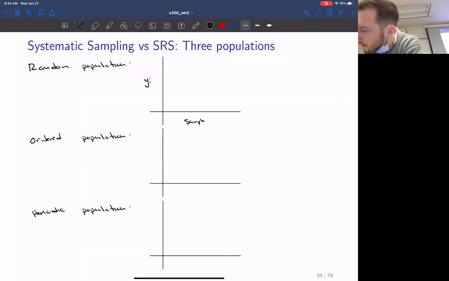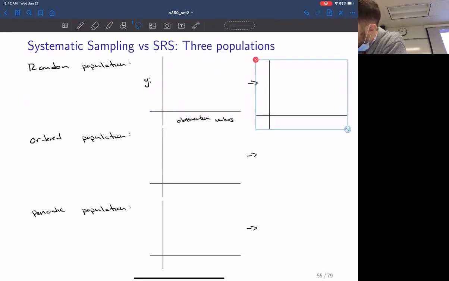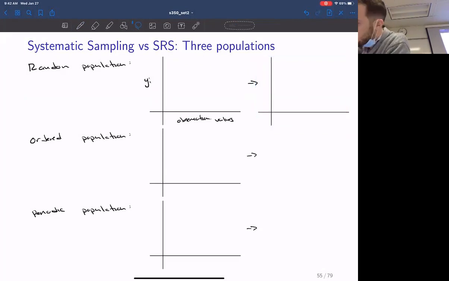So we have the yi on our y-axis, and we have the sample value number, or the observation number, if you will. Let's write observation number here. And just to make it a little bit more clear, let's take another set of plots. Okay, yeah, this will be good.